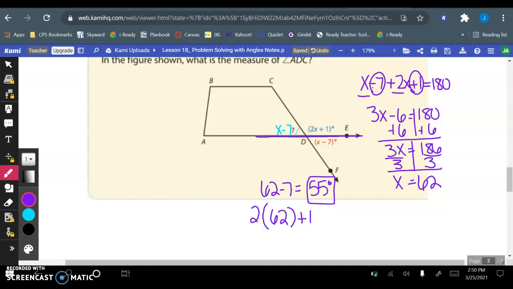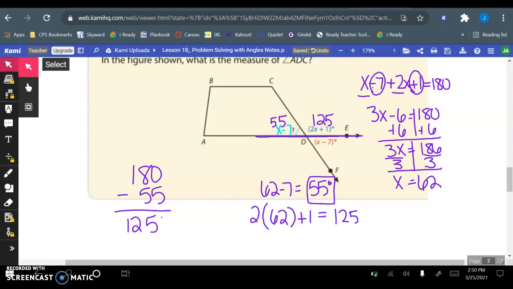So I would get 125. Or I could have done 180 minus that 55, and I would have ended up with 125 as well. So this angle is 125 and this angle is 55. So there are two different ways you could have done that one.